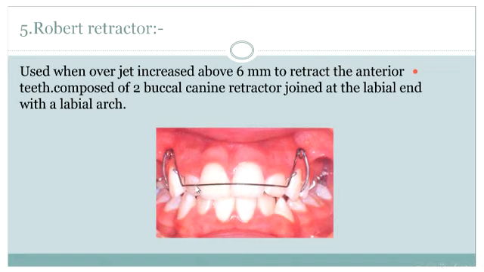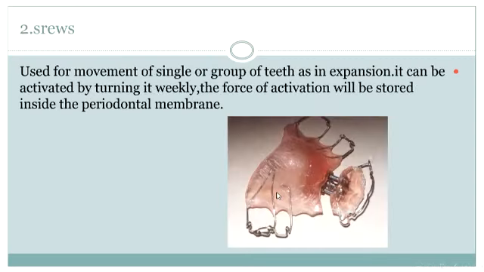In these photos, we can see a crossbite of the lateral and a slight rotation also in the lateral. If we use a Roberts retractor from the labial and a lingual screw or Z spring, we can correct the crossbite and the slight rotation here, for example.